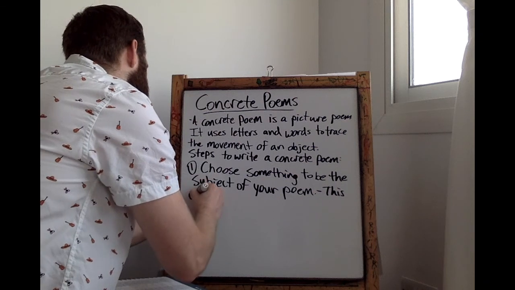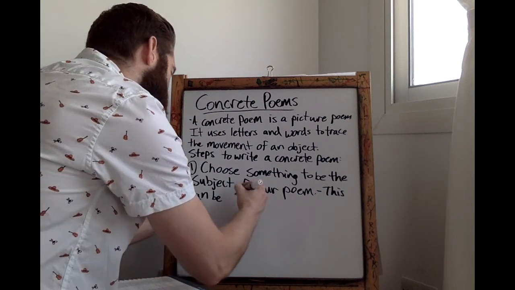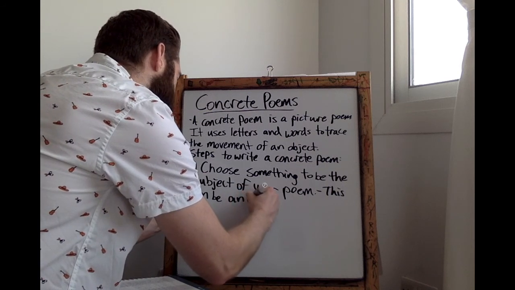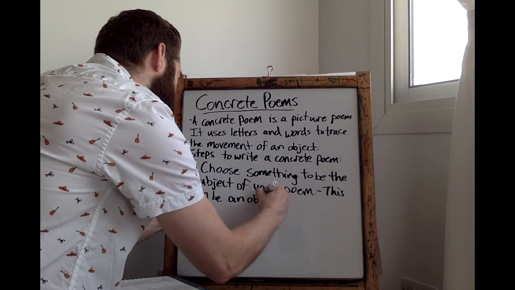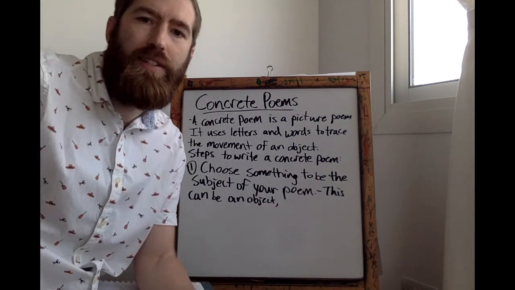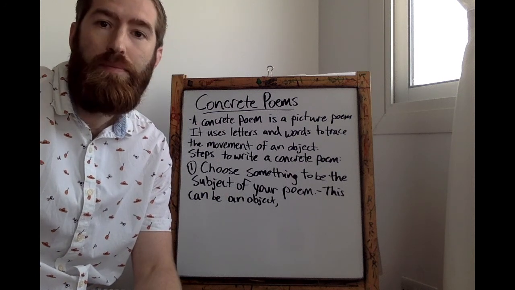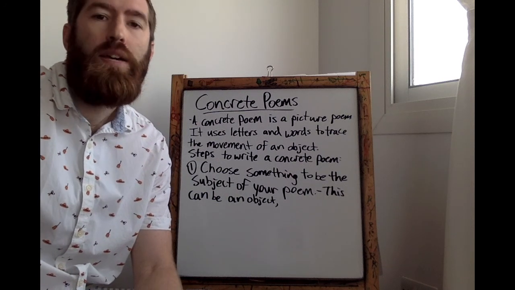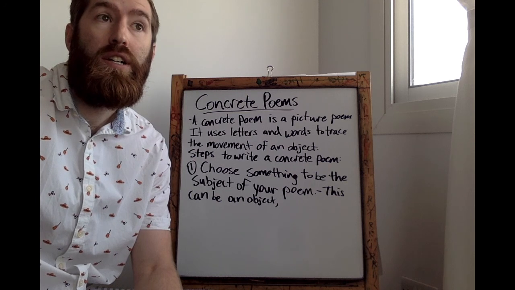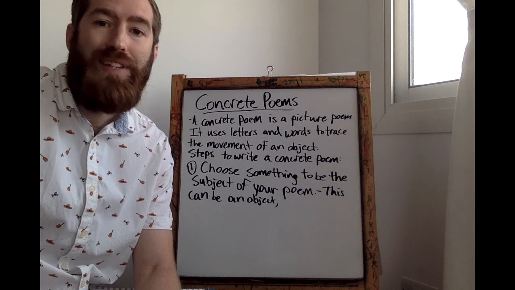This can be an object. What are some objects? Well, might be a chair, might be a desk, might be a ball, might be a book, might be a table.